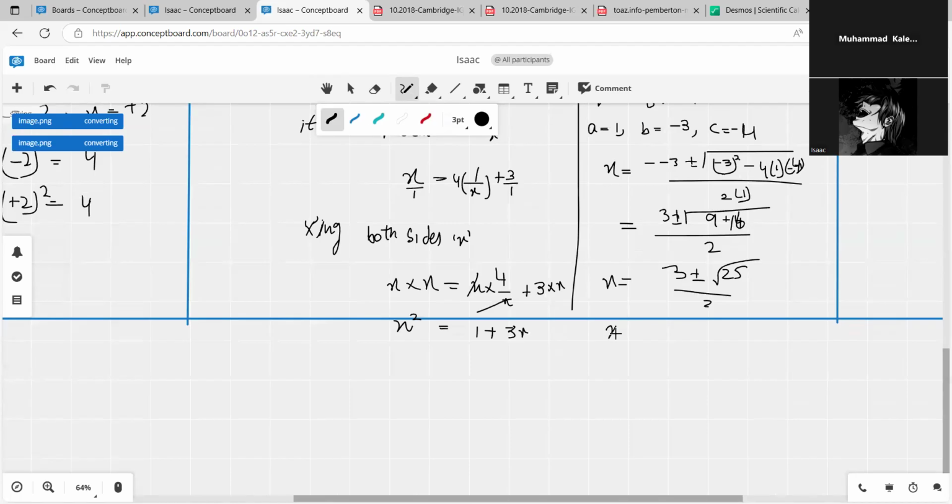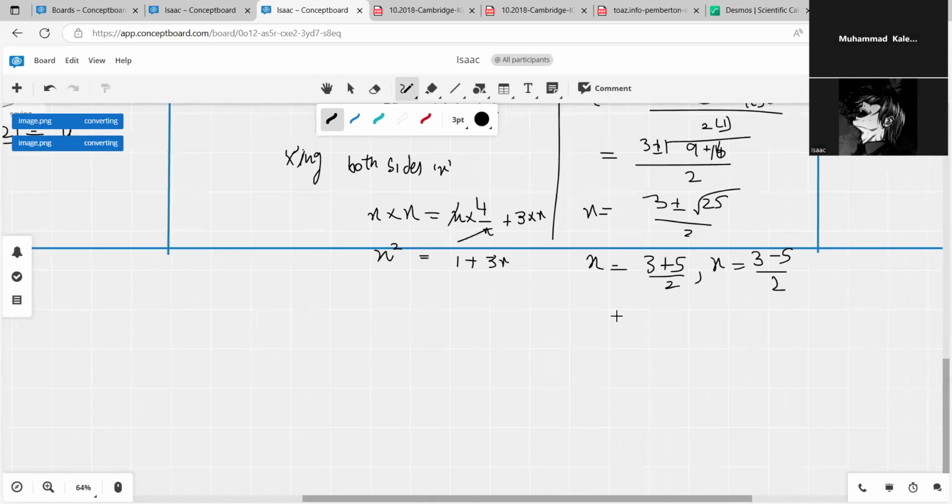So x is equal to 3 plus minus 5 over 2, and once it is written in subtraction, 3 minus 5 over 2. So we will get two answers: 8 over 2, which means we have a 4, and the other is x equal to 3 minus 5 over 2, which means x is equal to minus 1.